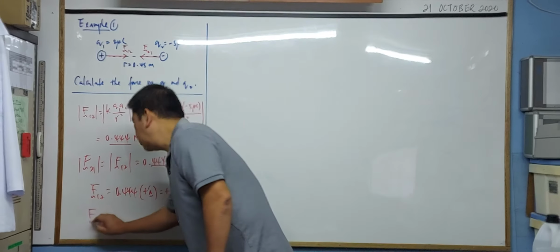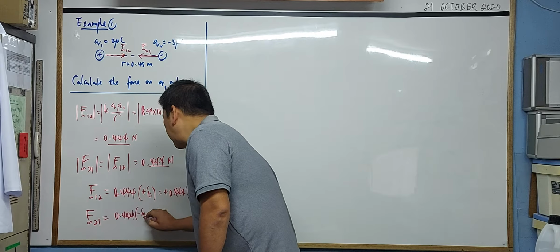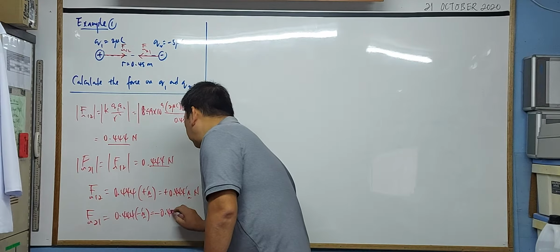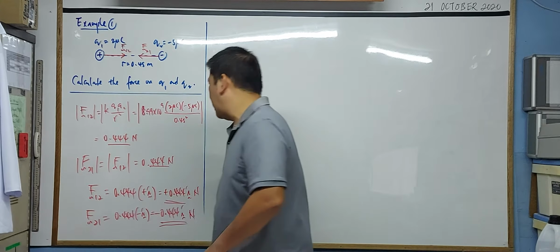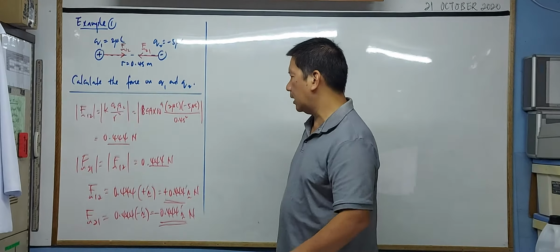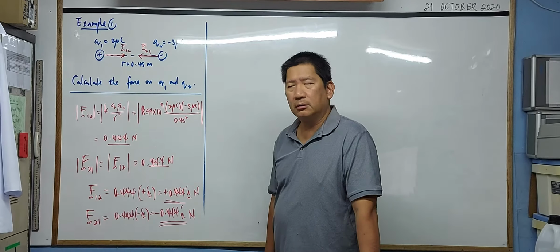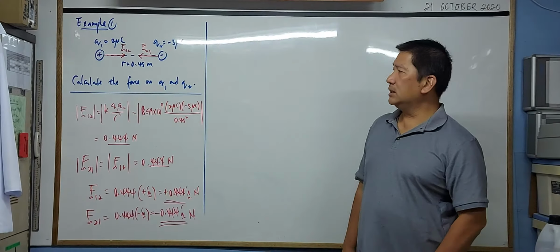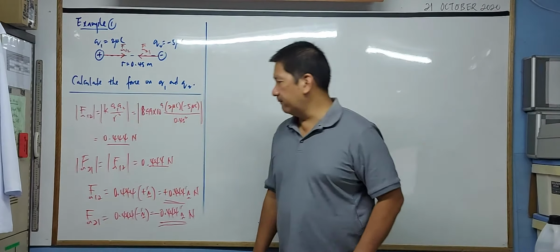And then the next one will be opposite. This one is 0.444 but negative i, so you get negative 0.444 i Newton. So that is how we give the answer in electrostatic force, especially when dealing with a lot of forces together. This is one of the easy examples to calculate electrostatic force in between.